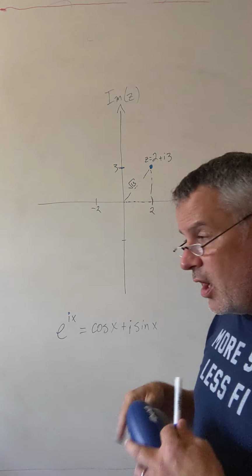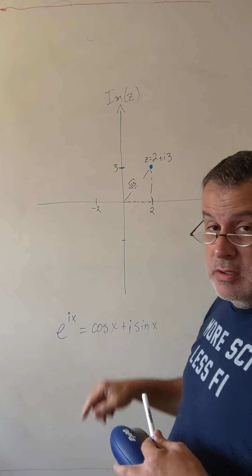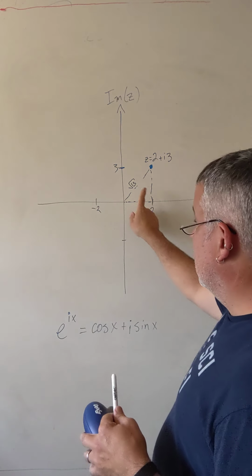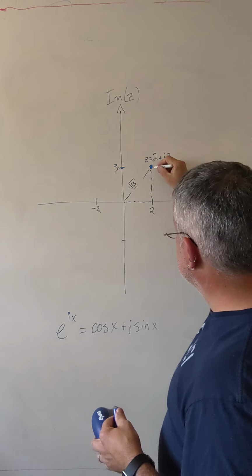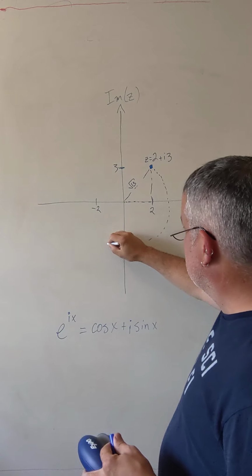But what about the other part of the complex number? The part that's not the magnitude, the part that is sometimes called its phase. On the complex plane, we could find lots of places that are the same distance from the origin.